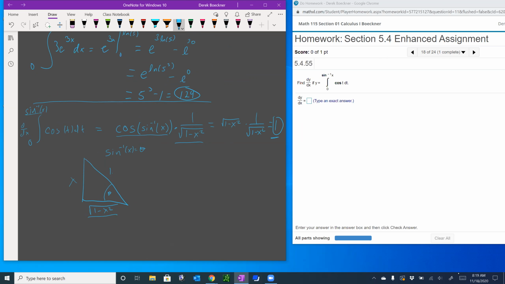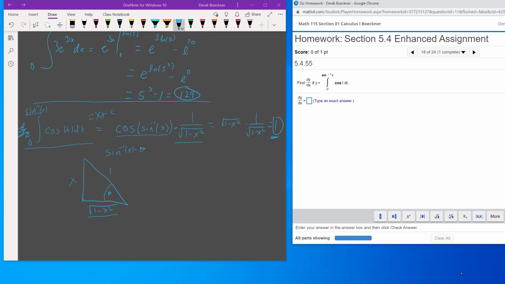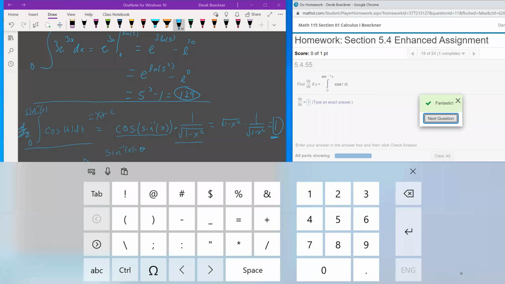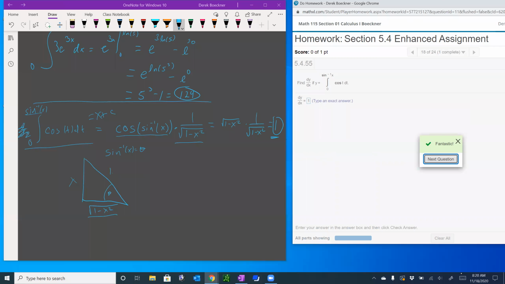Okay, so this is equal to x plus some constant c, because the slope of this function is 1. So if I get rid of the integral, it's a linear thing. It's x plus c. If you stop here, it doesn't look like 1, does it?